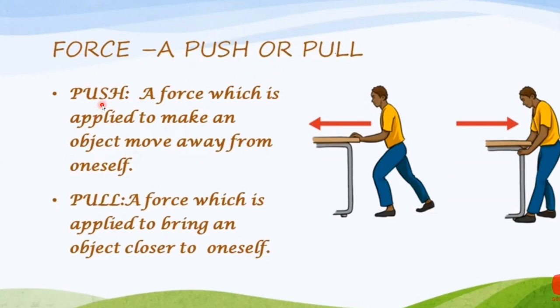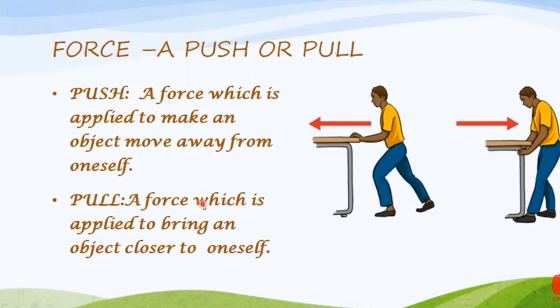Then what is the definition for push, children? A force which is applied to make an object move away from oneself. So here in this example, this person is moving the table away from himself. Therefore, this is called a push. What about pull, children?